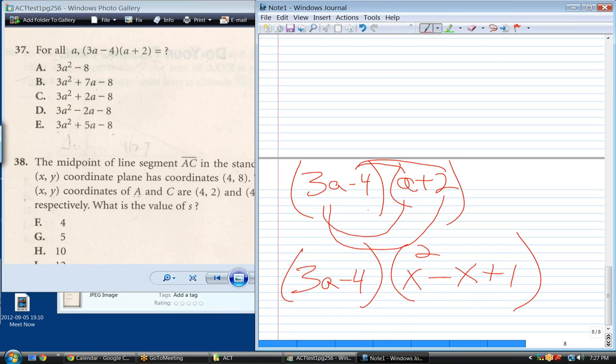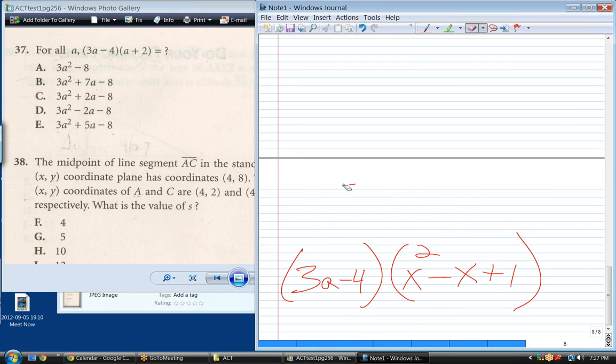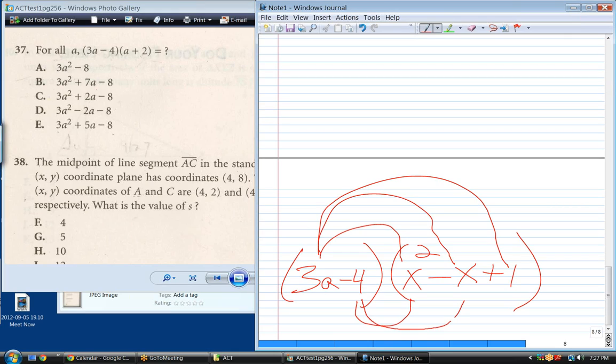But if I use my definition, where we're going to take every term and multiply it by every other term, then I end up with 3a times that, 3a times that, 3a times that, and then minus 4 times that, minus 4 times that, minus 4 times that. And then I end up with something that I can simplify.